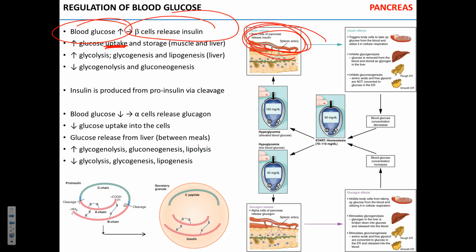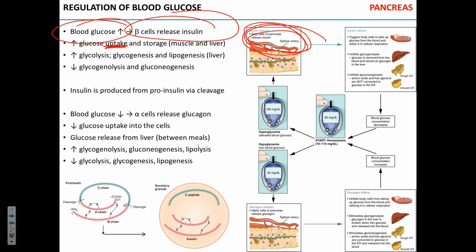That's one thing. Can your cells store ATP in large, huge quantities? No. Since there's no ATP storage, once your ATP levels are high enough and you still have glucose flowing in, what are you going to do with it? You're going to store it.